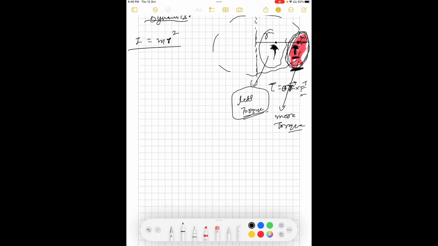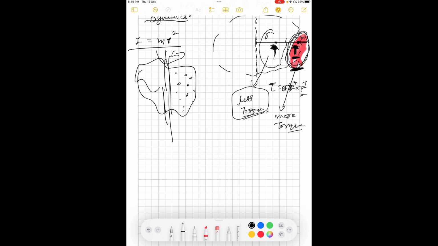Now in the real world, we do not deal with a single particle in mechanics. It is always some extended object, some random object rotating about some axis.